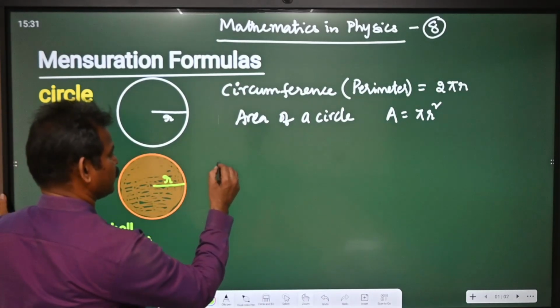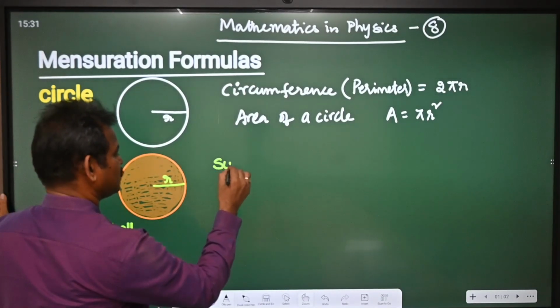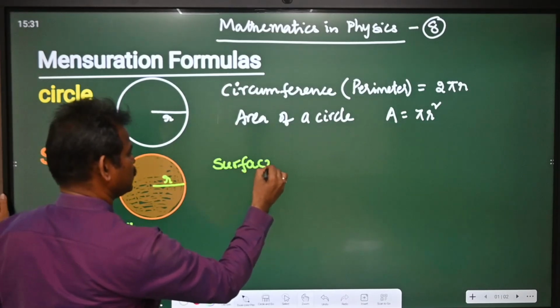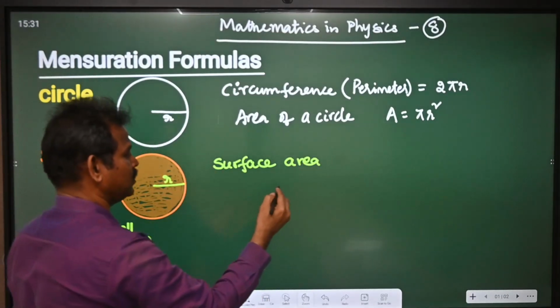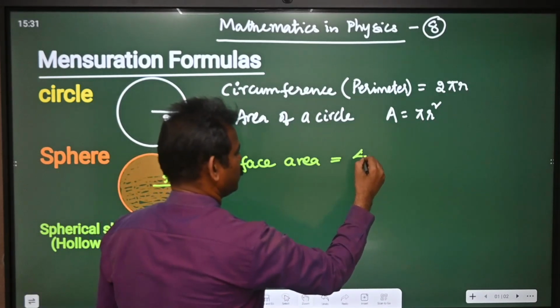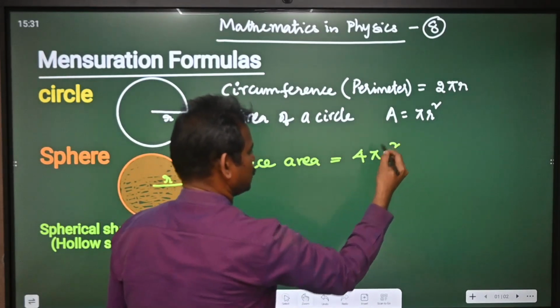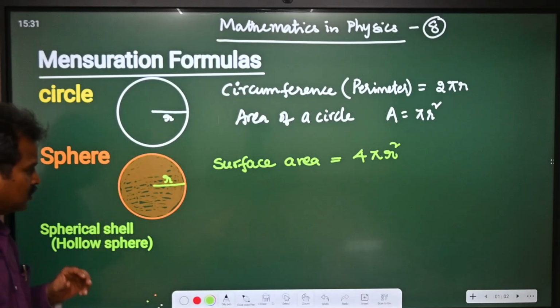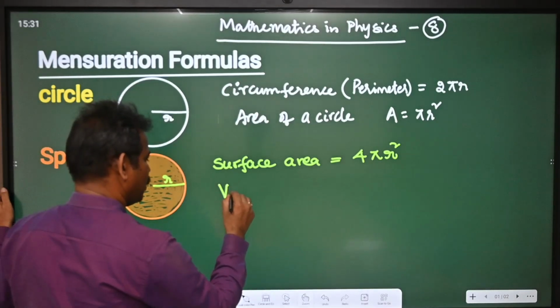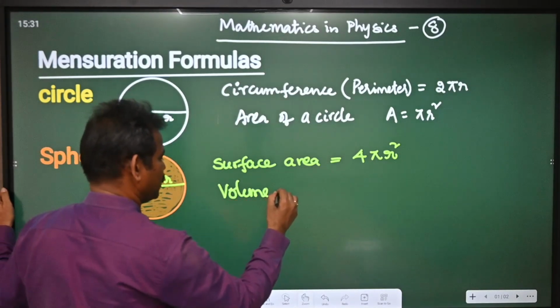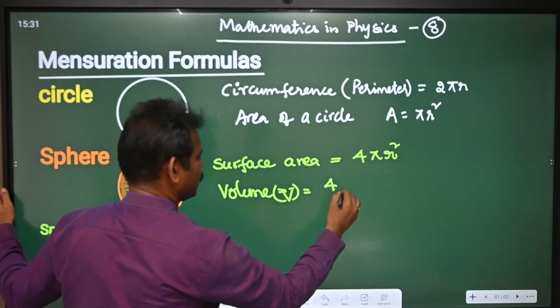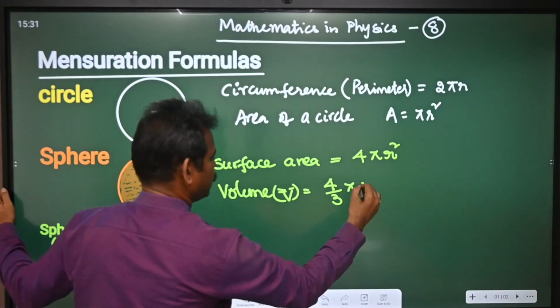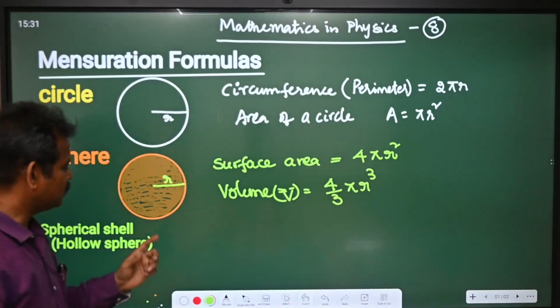The first one, surface area of solid sphere, is given by 4 pi r square. And the volume of a solid sphere, V, is given by 4 by 3 pi r cube.